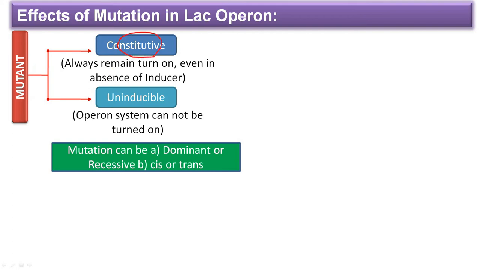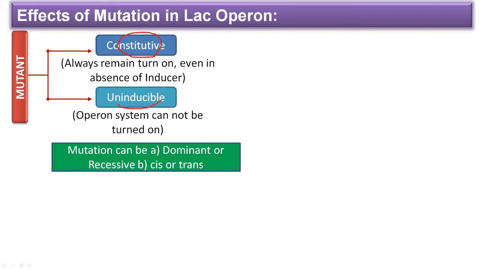What is constitutive mutation? In case of constitutive mutation, the operon will remain turned on always, whether lactose is present or not. The operon will remain turned on even in absence of inducer, that is lactose. Means here the role of lactose is neglected. Operon will always remain turned on.